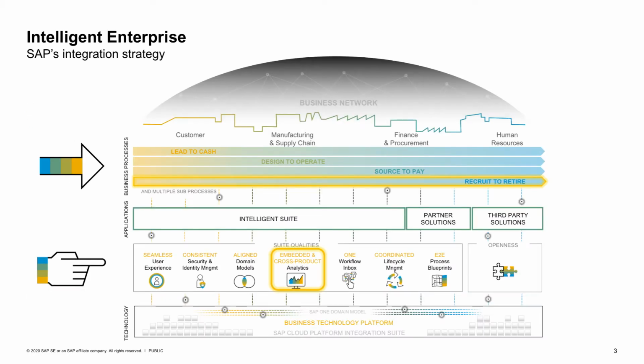So you've probably seen this diagram before or heard about SAP's product strategy and architecture, where we have laid down the foundation for the future of everyone's success by building upon SAP's strengths, such as the deep expertise around the end-to-end business processes across industries and lines of businesses, such as lead to cash or recruit to retire.